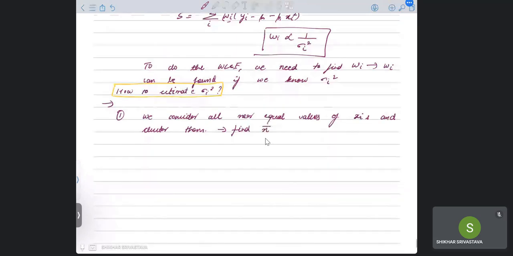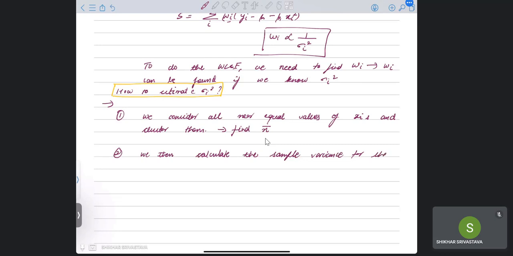Then we find x prime. Secondly, we calculate the sample variance for the response variable yi for each cluster.